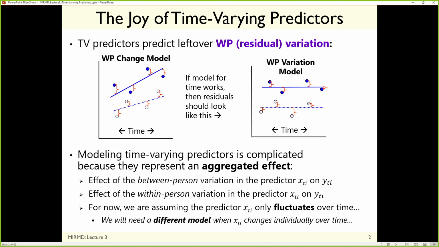So whether we're talking about a model where people are changing over the long term, systematically, like a growth curve model, or whether we're talking about fluctuation, like EMA data, either way, after you put in whatever fixed and random effects related to time that you need, the residuals should look like this.